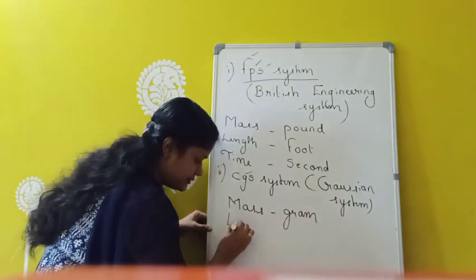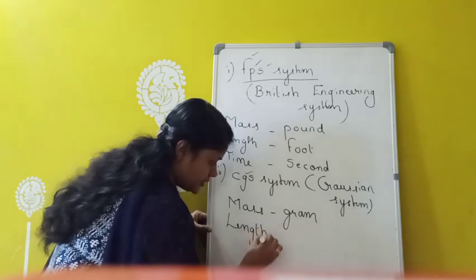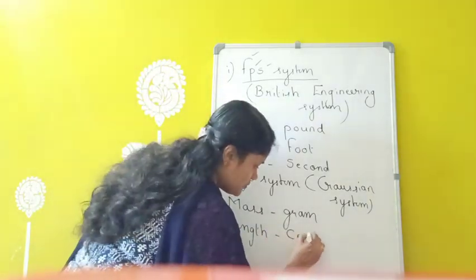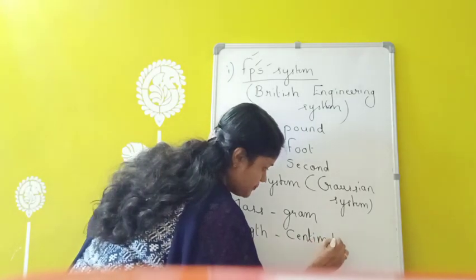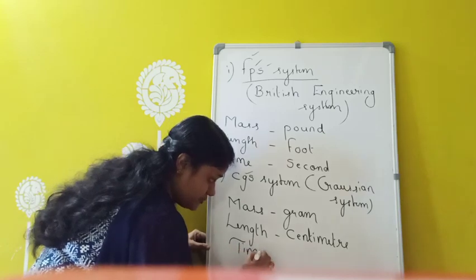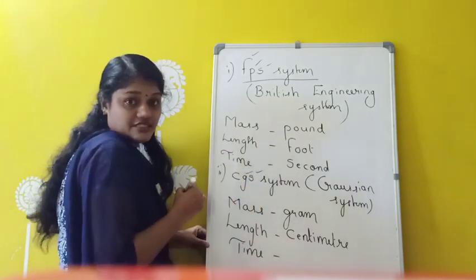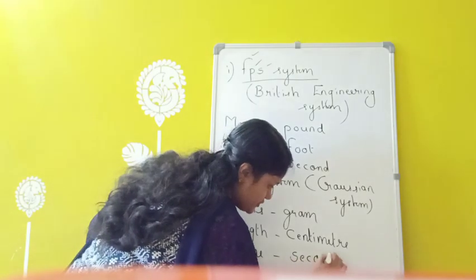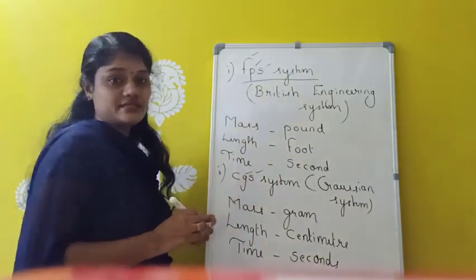Then length. Length unit is C indicates centimeter. The last one, time unit is S. S means seconds. So these are the units in CGS system.